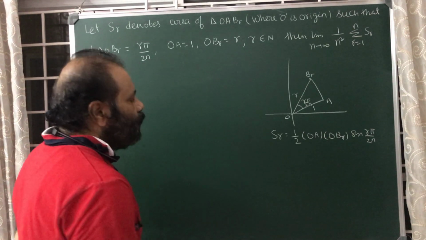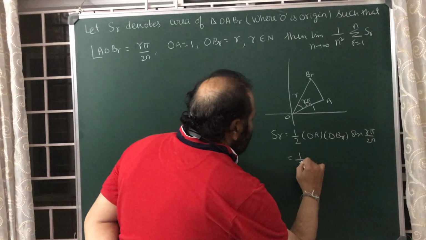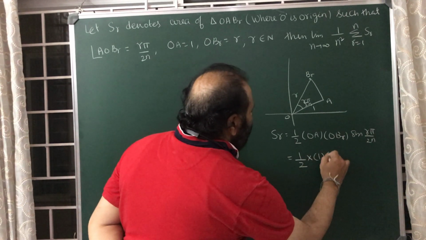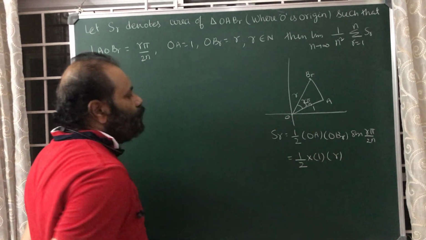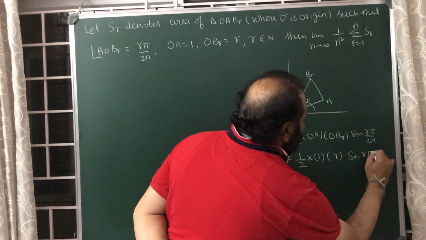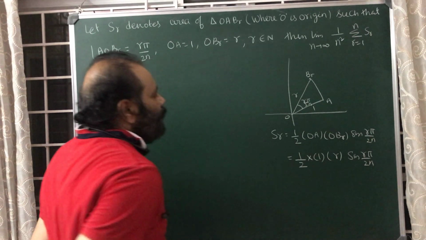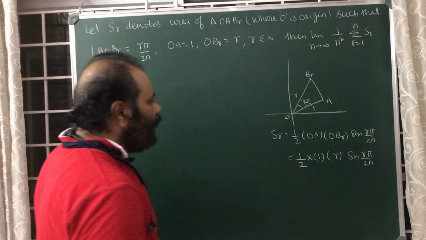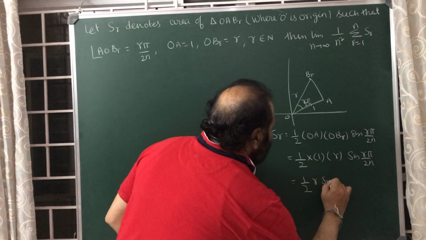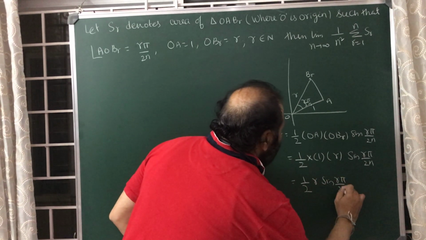That is 1 by 2 into OA, which is always 1, into OB_r, which based on the suffix is going to change, that is r, into sine r pi by 2n. Therefore, the area of this triangle is half r into sine of r pi by 2n.